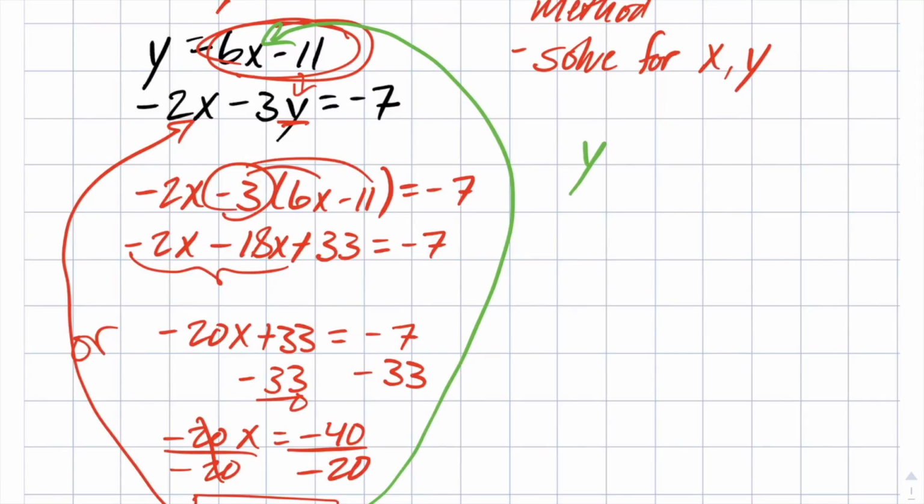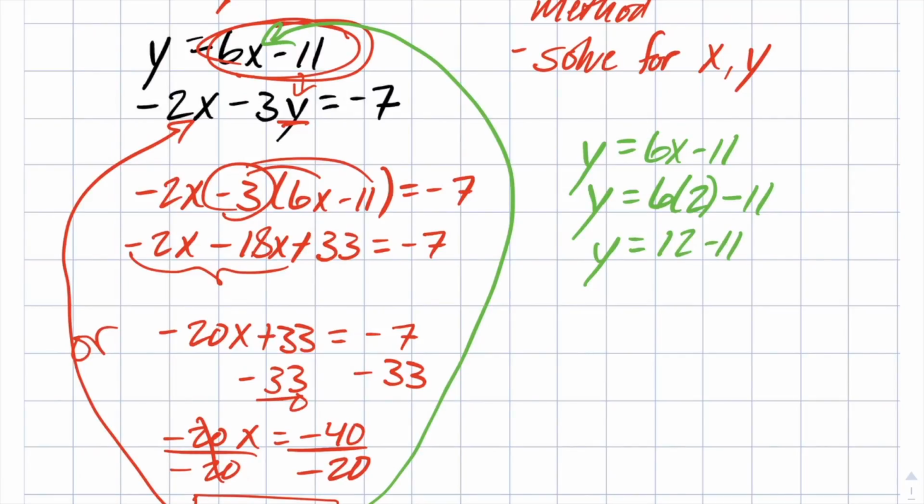We're going to write the equation y equals 6x minus 11. We know x equals 2, so let's plug that in for x. y equals 6, plug in 2 instead of x, minus 11. y equals 6 times 2 is 12, minus 11. y equals 1.